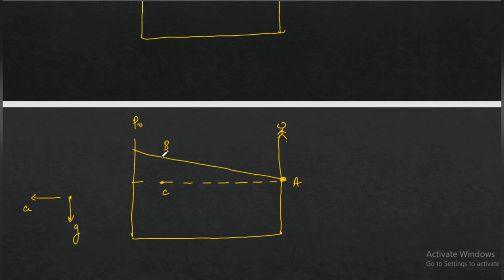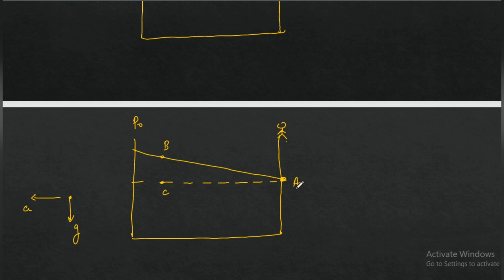If you come along this line BC, the only effect will be of G, right? The acceleration that will be contributing to the pressure increase will be G, not A, because A is in perpendicular direction to BC. Okay, so A will have no effect if you come along this line BC.